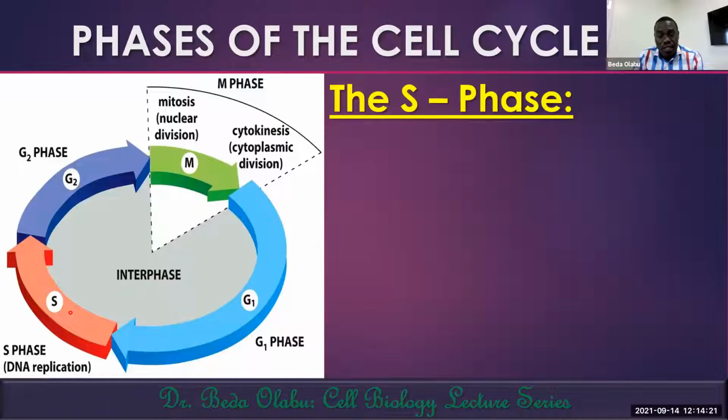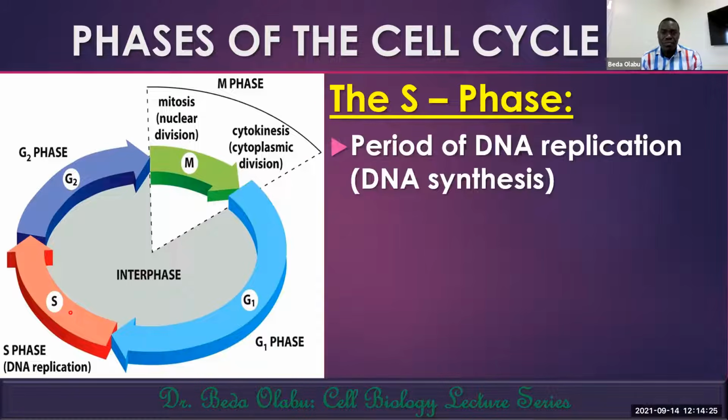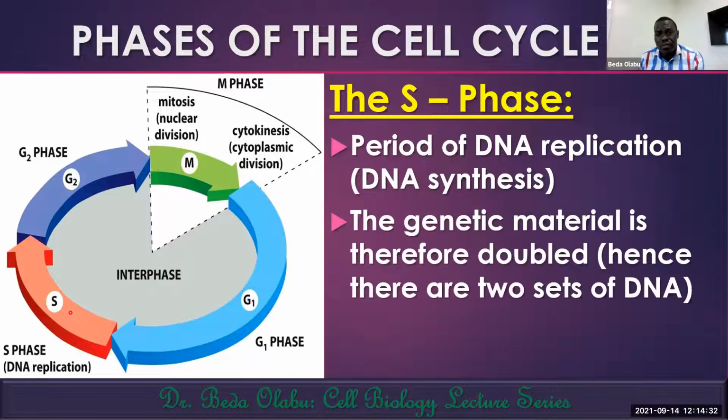And what are we synthesizing? The DNA is what is being synthesized. So the S phase is a period of DNA replication. At this time, the genetic material is doubled for the reason that I've just given you a few minutes ago.